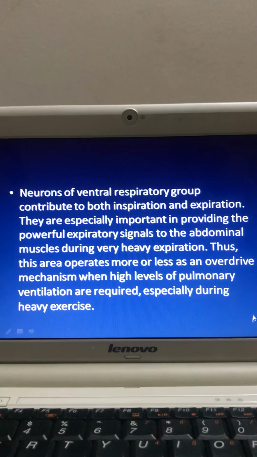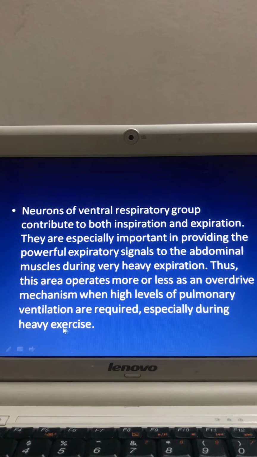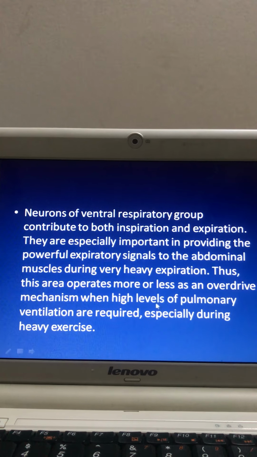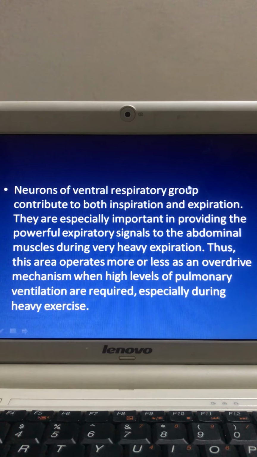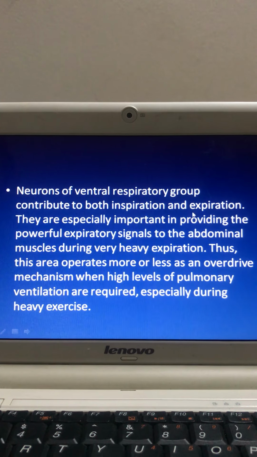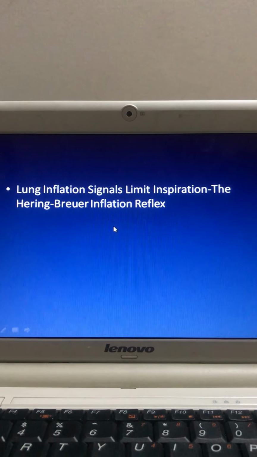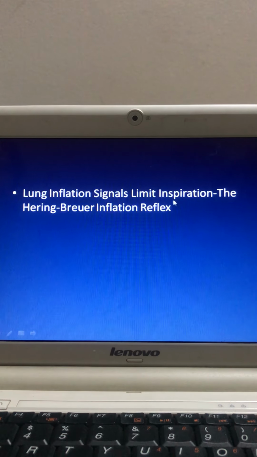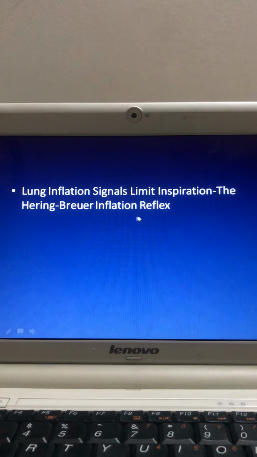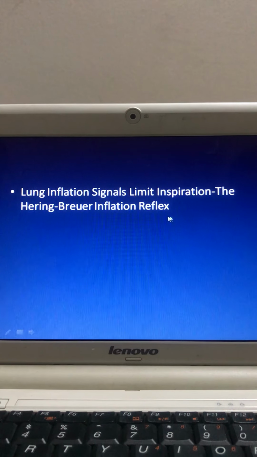For example, during heavy exercise, when there is a high level of pulmonary ventilation, the neurons of the ventral respiratory group are stimulated. Lung inflation signals limit inspiration: the Hering-Breuer reflex. That means it is a reflex.